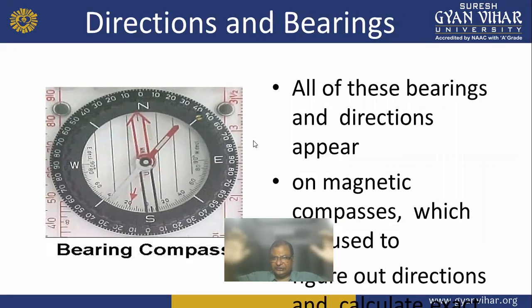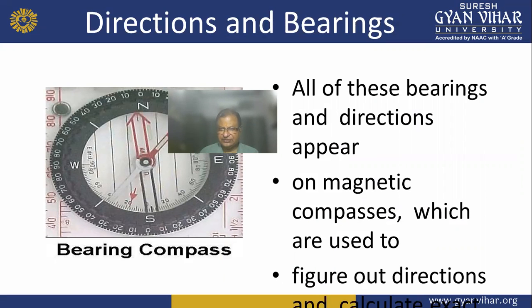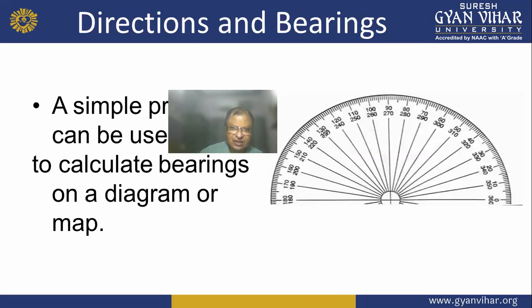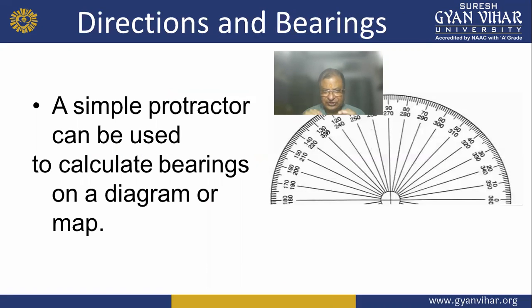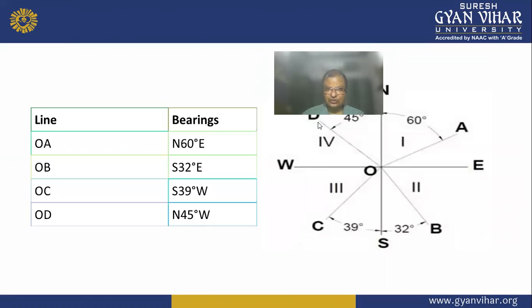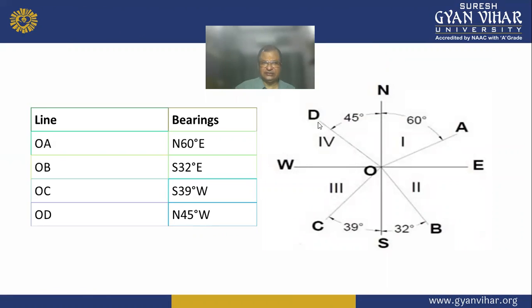All of these bearings and directions appear on a magnetic compass, which is used to figure out direction. So this is the bearing compass. A simple protractor can be used to calculate bearing on a diagram or map. So this is the line, this is the bearing.